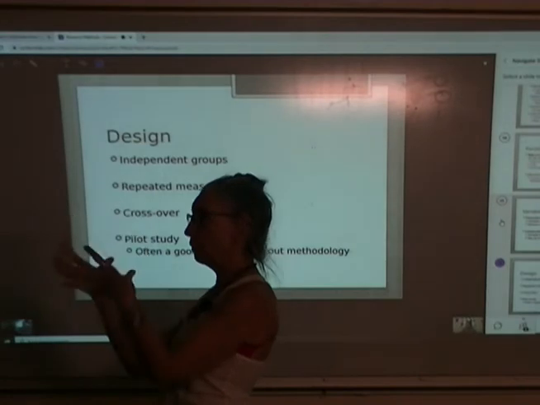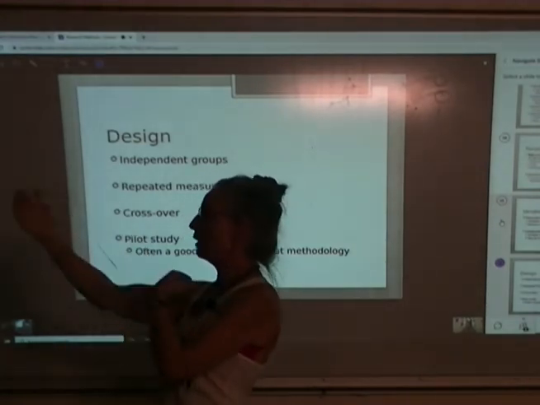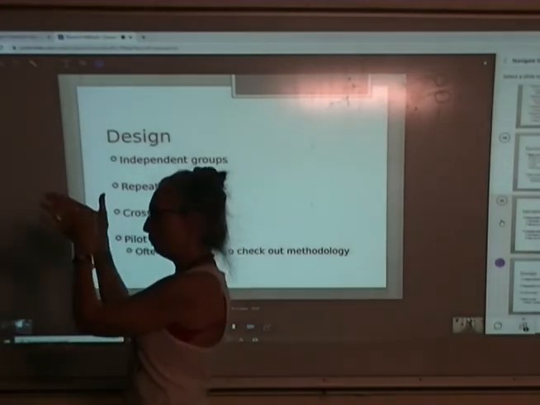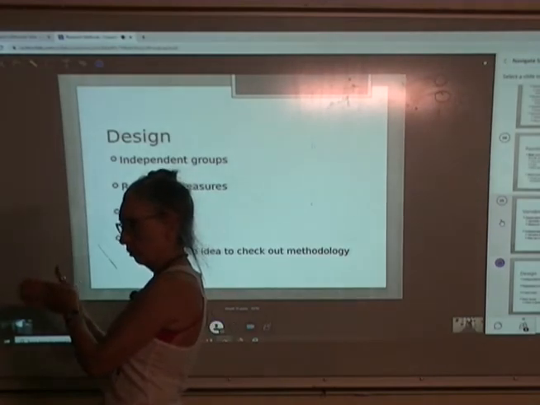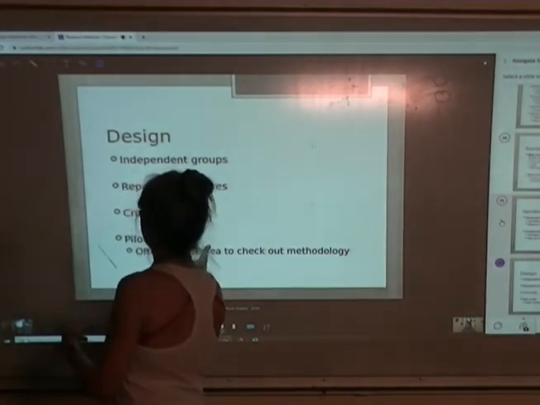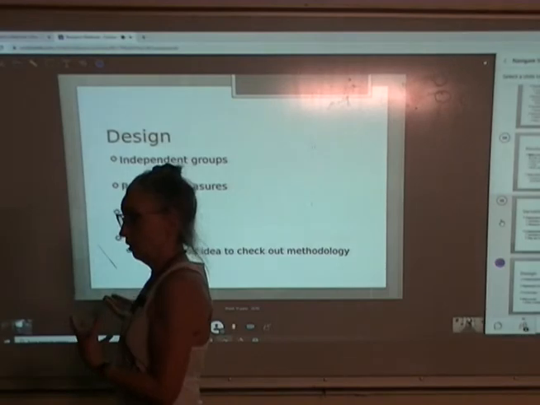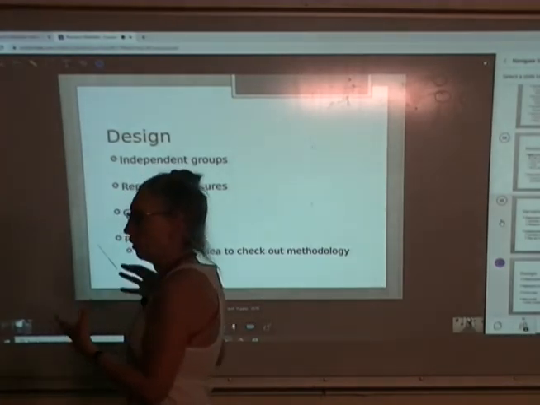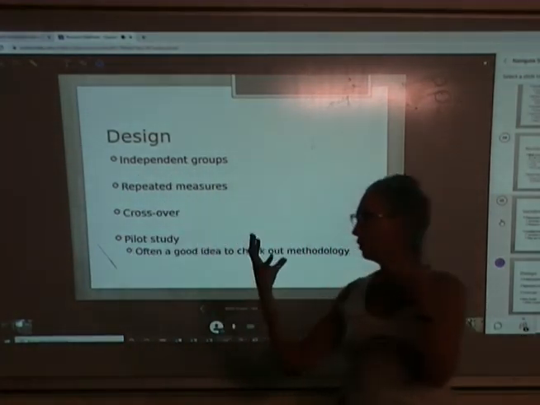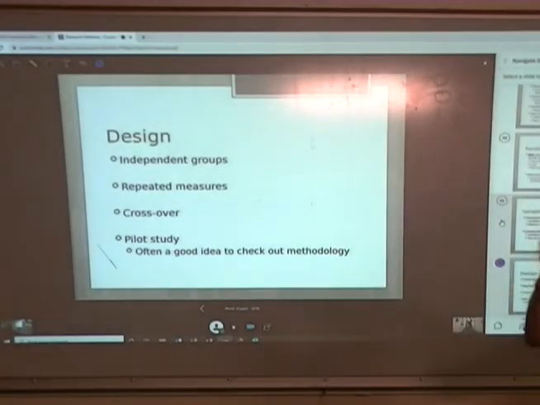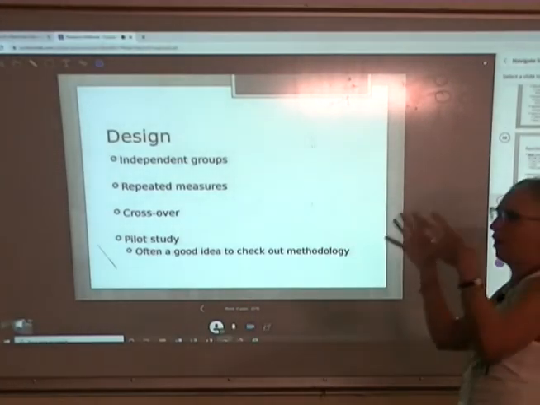Right? So I end up with numerical data. So even though it's observational, it can still be quantitative. Right? It could be a survey study. Right? So those are all the kinds of words that would describe the design of the study.